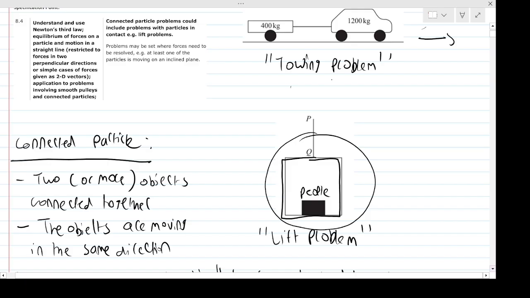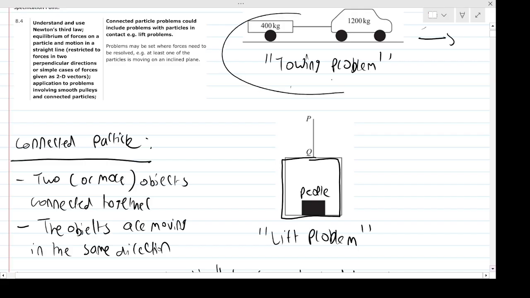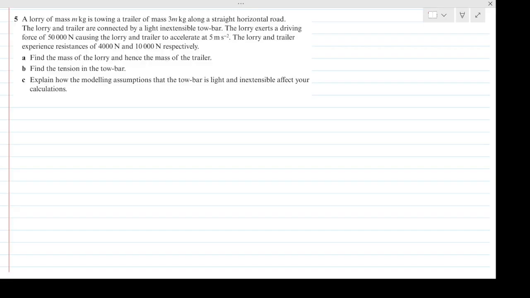So we're going to look at these two distinct examples. The video will be separated into those two, and we're going to look at the towing problem first.